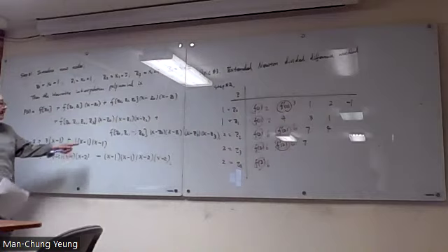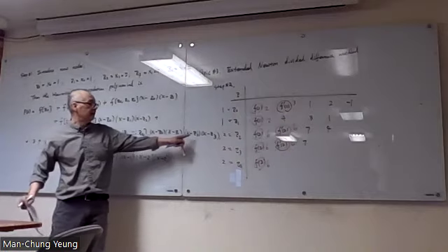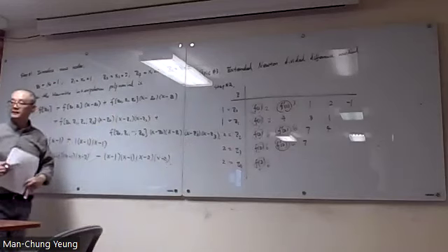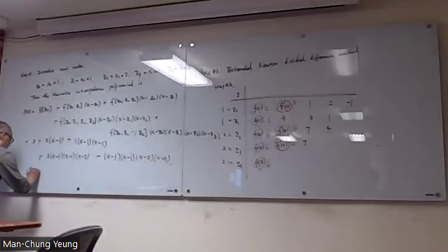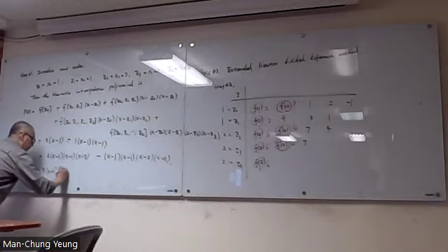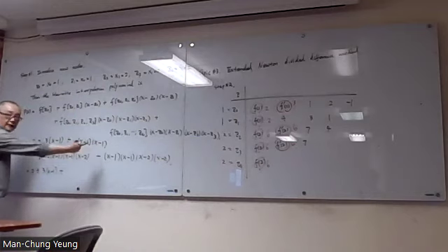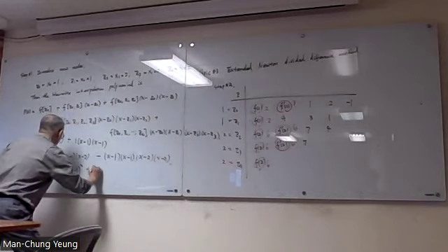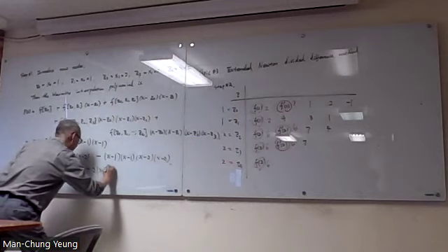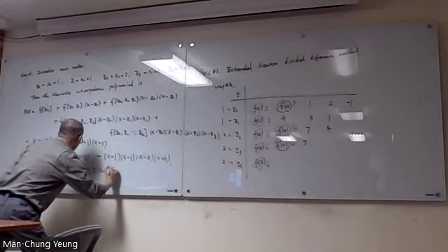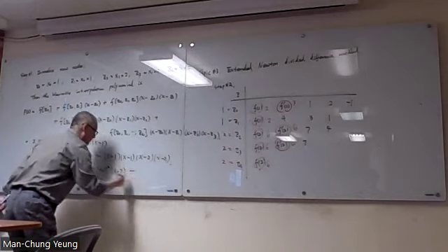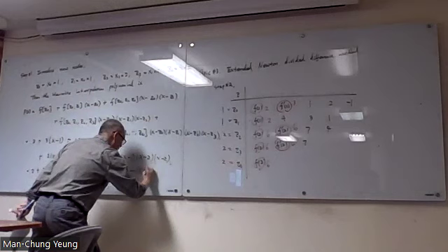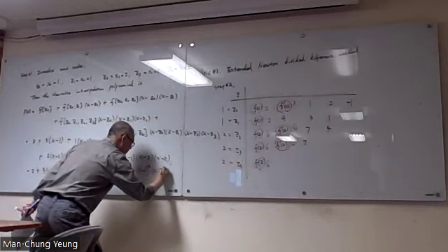So therefore, 2 plus 3(x minus 1), plus (x minus 1) squared, plus 2(x minus 1) squared (x minus 2), minus (x minus 1) squared (x minus 2) squared.